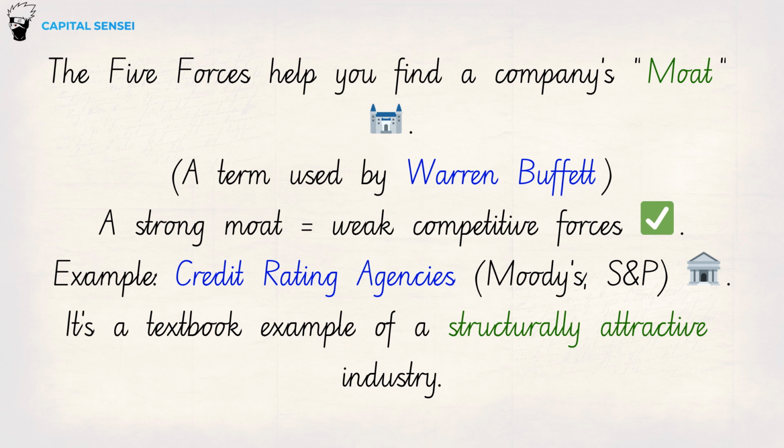The buyers, companies that need a rating, and the bond investors who rely on the rating are locked in, giving the agencies pricing power. There are no real substitutes for a credit rating, and the rivalry is an oligopoly, not a price war. It's a textbook example of a structurally attractive industry.